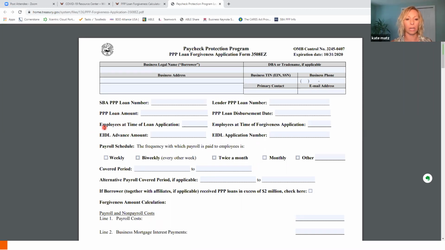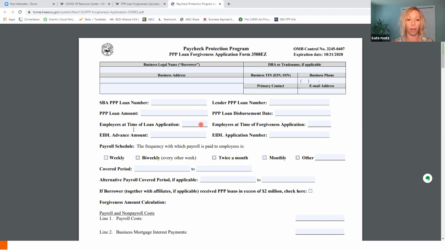So there wasn't any guidance as to whether you think about this as just your actual number of headcount, so literally the number of people you had on your payroll, or if it was some sort of FTE calculation, and if it was an FTE calculation, whether it was based off of 30 hours per week or 40 hours per week. So I think we probably saw a pretty wide variety of interpretations on what folks used as they filled out that piece of their application.